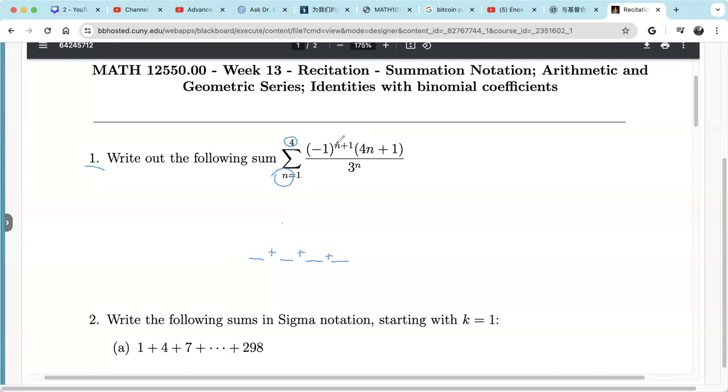The first one will be A1, right? If we think of this whole thing as a_n, and n starts with 1, so this will be A1, this will be A2, A3, A4.